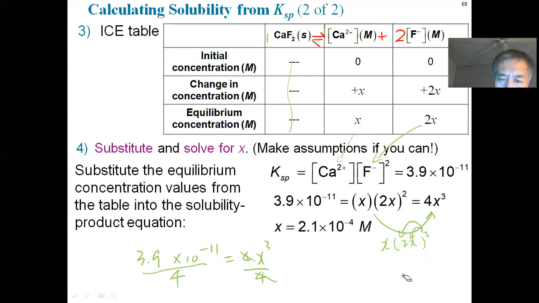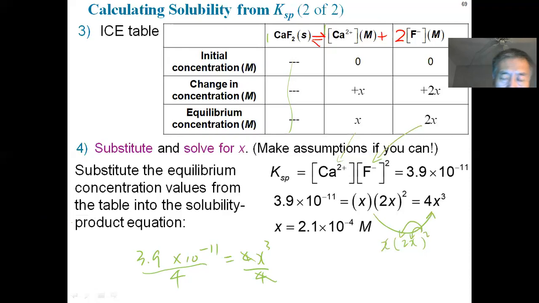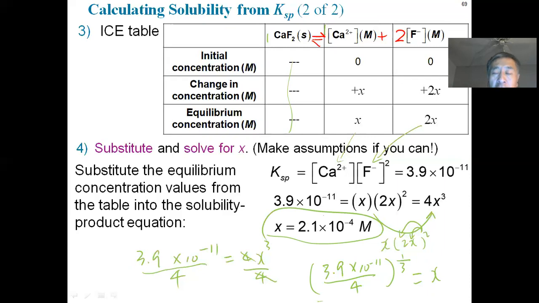In your calculator, you might find the cube root, or you might do it this way: 3.9 times 10 to the negative 11 divided by 4, to the power 1 over 3, equals x. Use your calculator and you find x, this number. Then x will be our molar solubility.